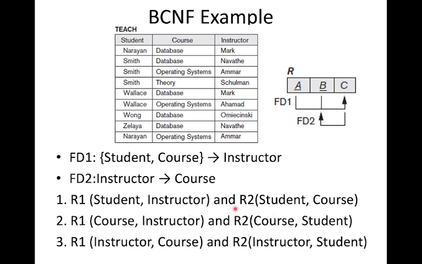In the first case, these two relations are in BCNF, these two are also in BCNF, and these two are also in BCNF. So we can decompose in any of these manners. But the problem is that in all these decompositions, we have lost this functional dependency.